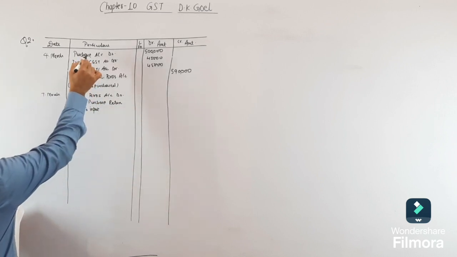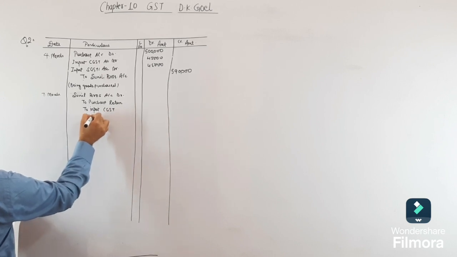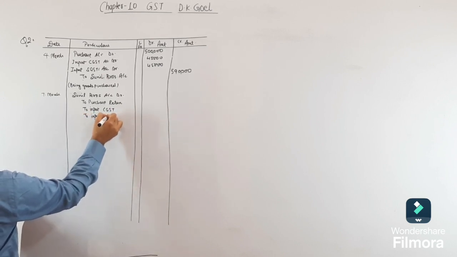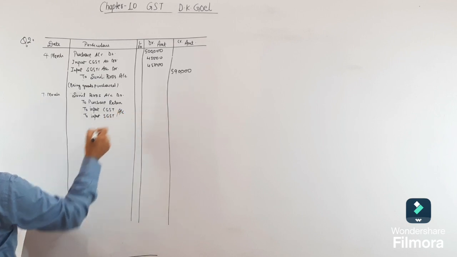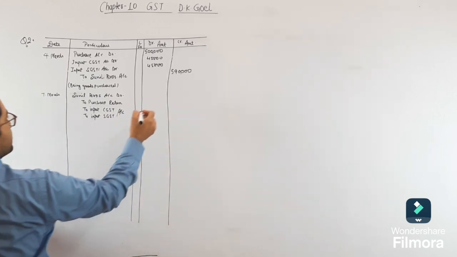To purchase return, to input CGST, to input SGST account, the reverse of the earlier entry. So the purchase return amount is 20,000.